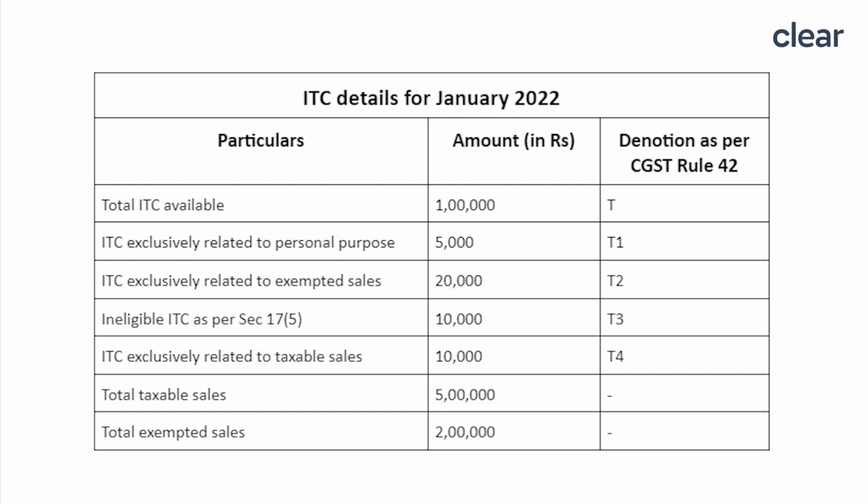ITC exclusively related to exempted sales is Rs 20,000 and denoted as T2. Ineligible ITC as per Section 17 subsection 5 is Rs 10,000 denoted as T3. ITC exclusively related to taxable sales is Rs 10,000 denoted as T4. Total taxable sales and total exempted sales is Rs 5 lakh and Rs 2 lakh respectively.